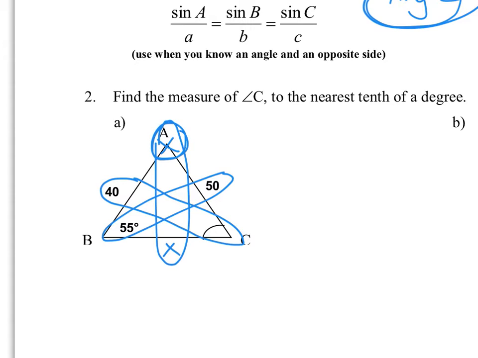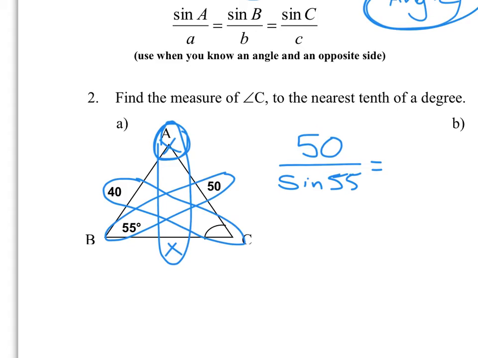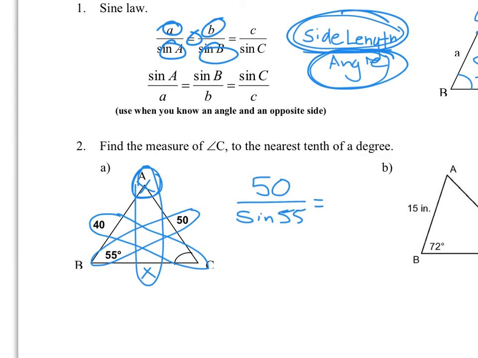So I'm going to say that the side length is 50 and its matching angle is sine 55. So you see how I came up with that ratio of side length over angle? The side length over angle is equal to the side length over angle. But do you know what the angle is for C? No. So we're just going to write in sine C.